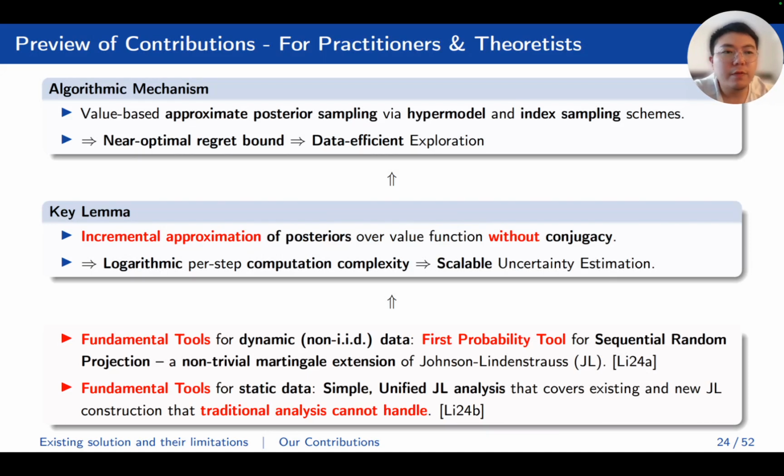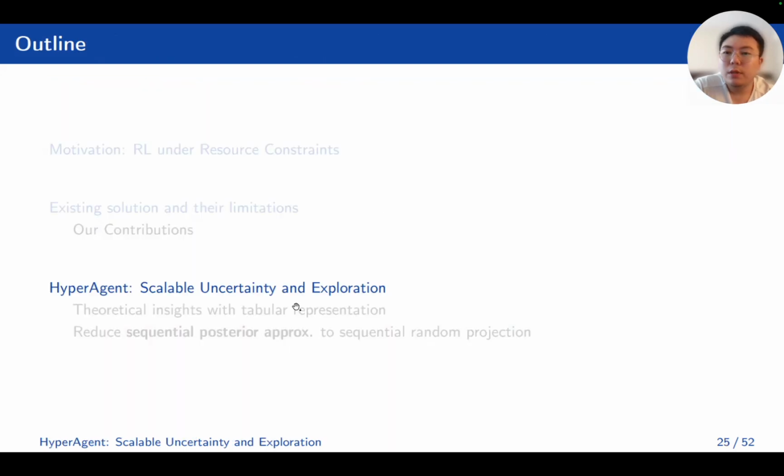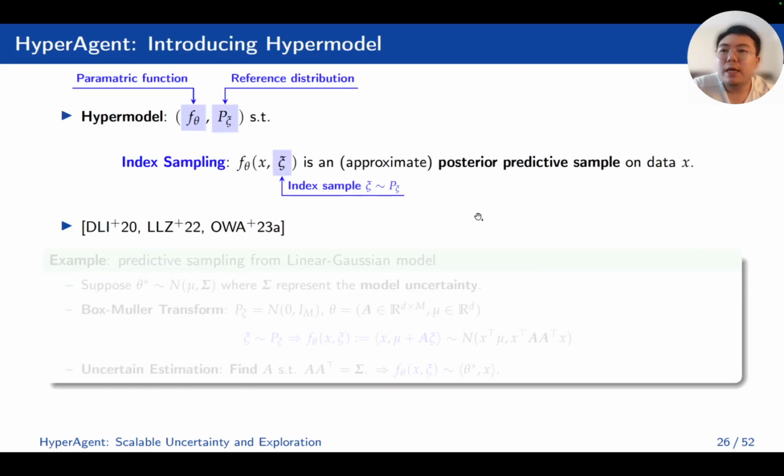So we provide the first probability tool for sequential random projection, which is a non-trivial martingale extension of Johnson-Lindenstrauss. And for static data, we also have some new theoretical results to deal with the spherical random projection matrix.